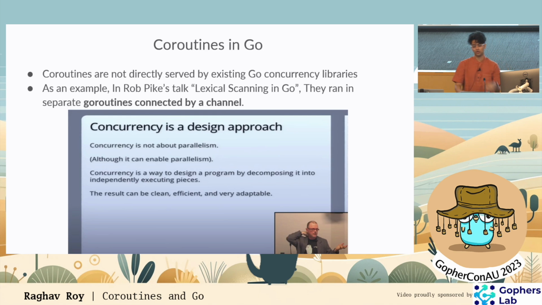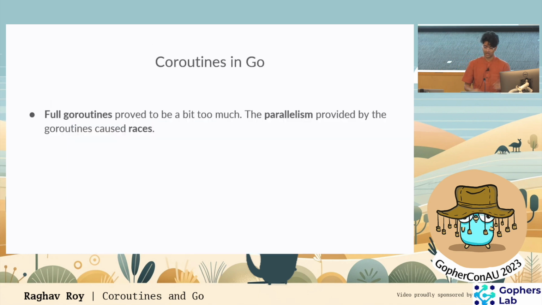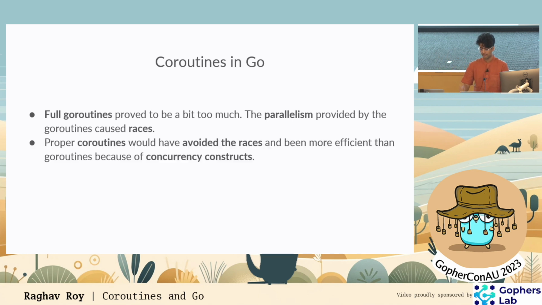I won't go into too many details, but they were using Go routines connected by a channel, and full Go routines started proving too much, and the parallelism provided by Go routines started causing races. But a full coroutine solution would have avoided these races, because only one coroutine can be running at a time, and that would have been a great idea there.